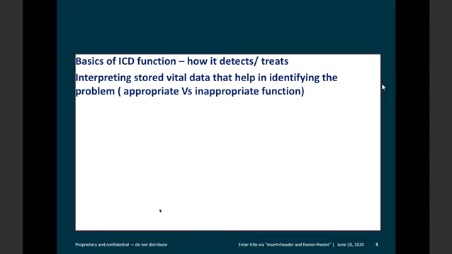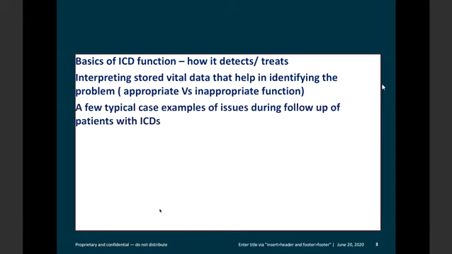Should there be a problem, the stored information in the device when the patient comes to us for follow-up helps us to understand what is the problem, is everything okay, is something appropriate, is something inappropriate, what exactly is inappropriate. So the stored information in the device helps us to a large extent in identifying the problem. So we will also go through how to interpret this stored data.